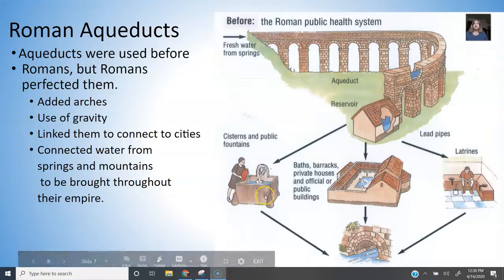So you can see you've got fountains where you'd go get your water each day for cooking and for drinking. You've got water at the public baths, and so on. So it's coming from the mountains or from a great distance and bringing water into the city.